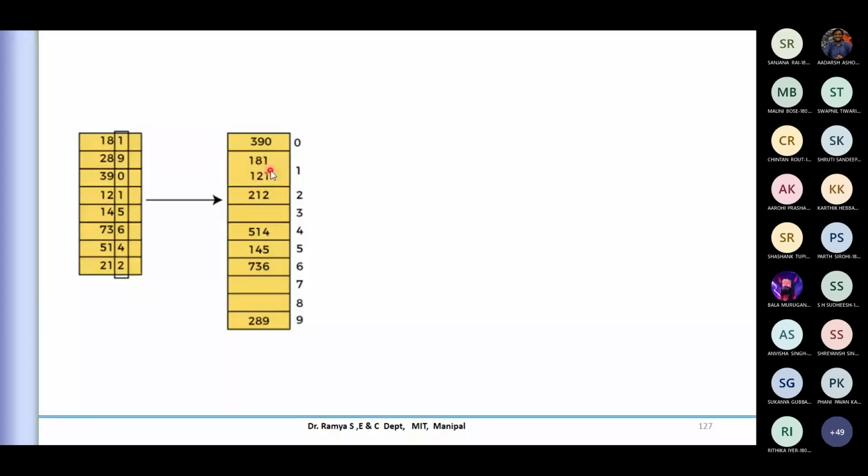We are not sorting in between, we are just putting them into one category as they occurred. Although 181 is more than 121, we get a sorted result at the next level. So it is placed as it is. Next, 145 will go to the fifth bucket, this one will go to the sixth, and so forth.